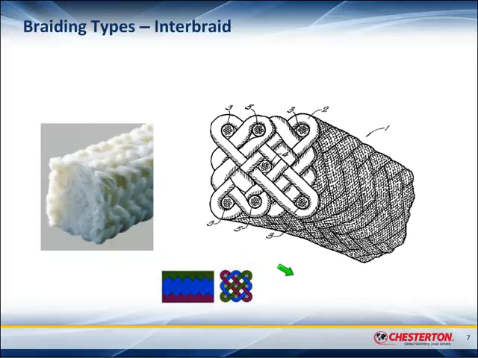Interbraid is a braid where thinner yarns can be used, and it produces a very tight and dense braid. So it produces a stiffer packing, a more square packing, and as well a denser, tighter, less porous braid, to say as such.